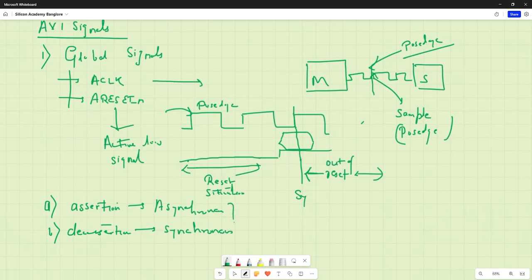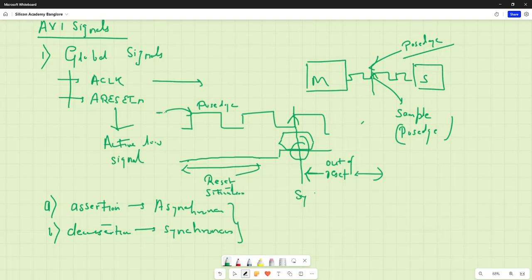What we mean by this is that deassertion of the reset means the system getting out of reset. When it goes high, it will always happen at the edge of the clock. That is what is meant by synchronization of the deassertion of reset. But when the reset is asserted, at whatever time it gets asserted, the reset happens immediately.